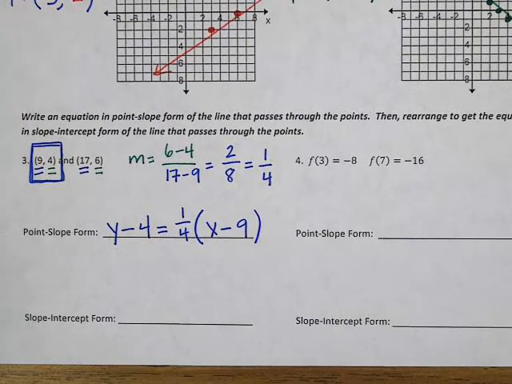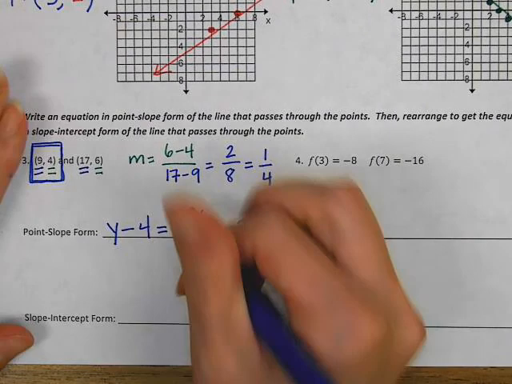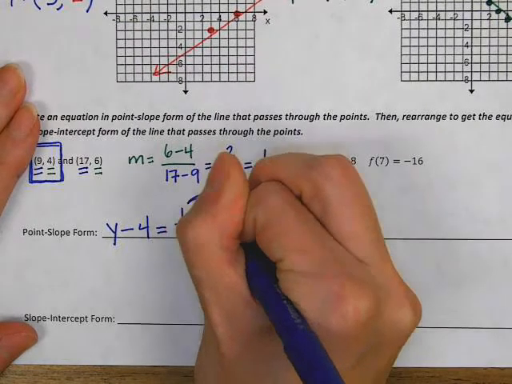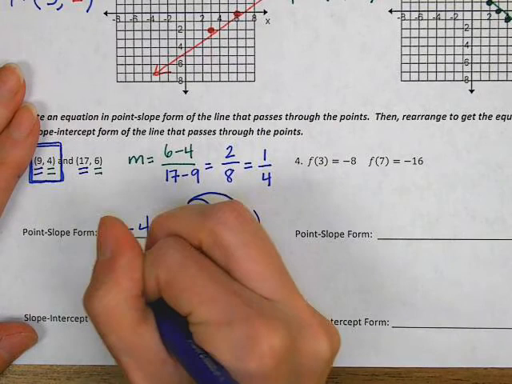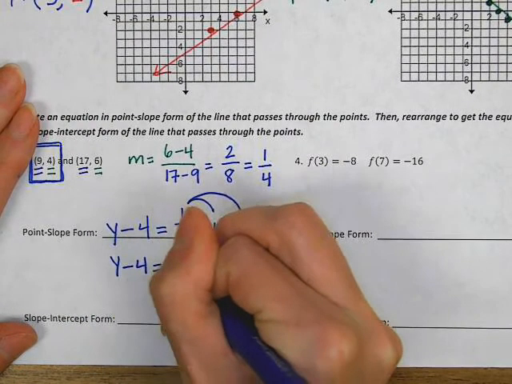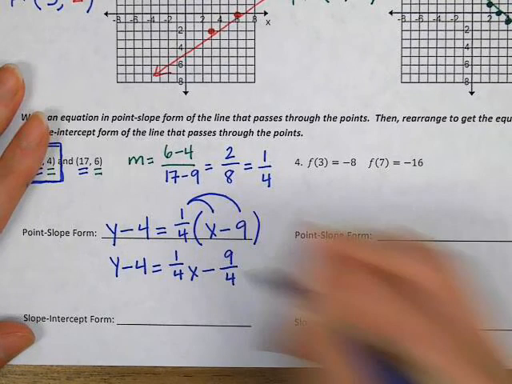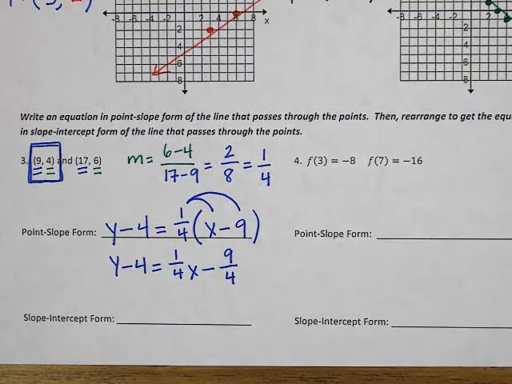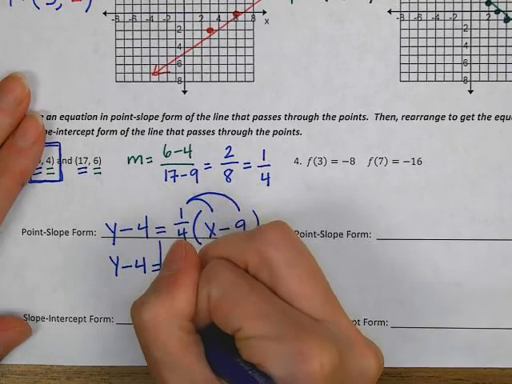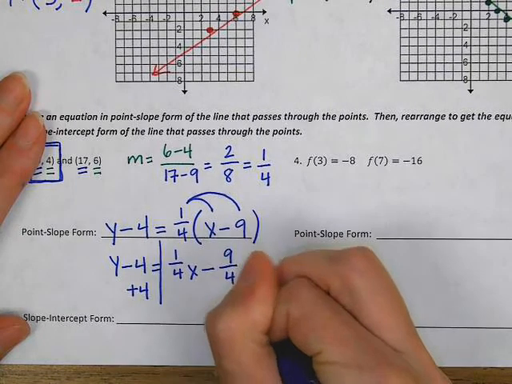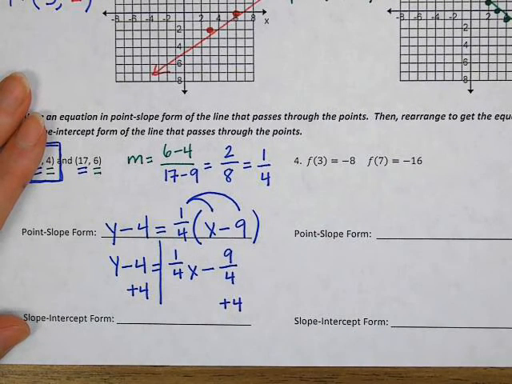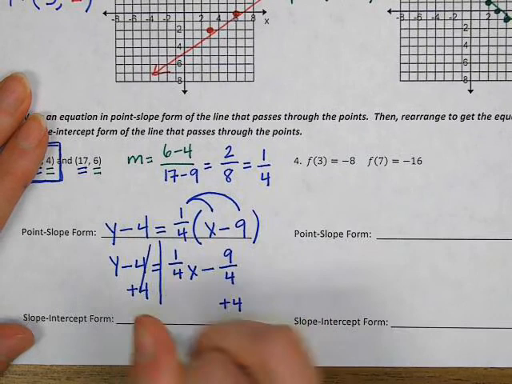All right, so how are we going to write this in slope-intercept form? This one is not going to be pretty, but we have to start by distributing the 1/4. So it's y minus 4 equals 1/4 x minus 9/4. And then slope-intercept form means get y alone. So next we're going to have to add 4, add 4. Okay, and let's see what we're left with here.